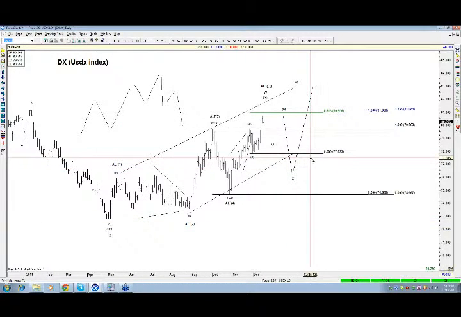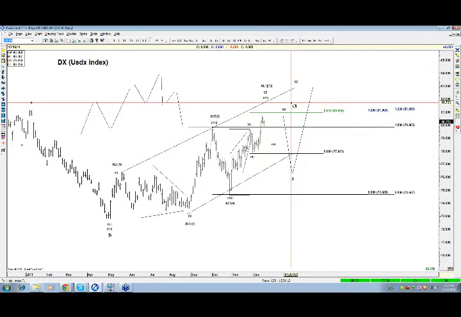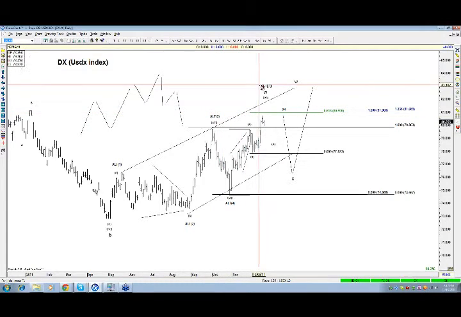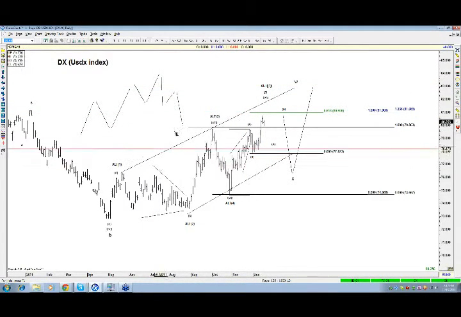Now, because this high did not break above this one, I tend to believe that in some degrees, but the RSI is kind of playing contrarian right there, we are in a leading diagonal scenario in the dollar.